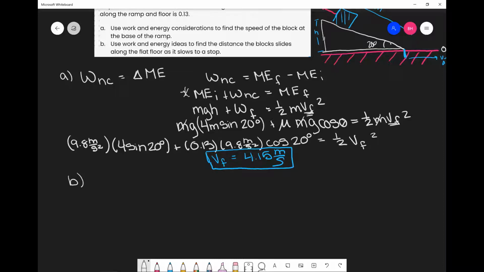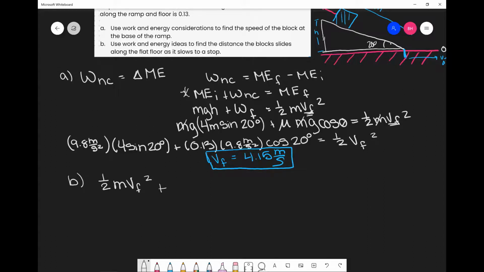So we're still dealing with this equation right here. Now, initially, we have kinetic energy, and our kinetic energy is going to be 1/2 m v final squared. And we still have our force due to friction. On this flat surface, friction is 180 degrees from the direction at which my object is moving.